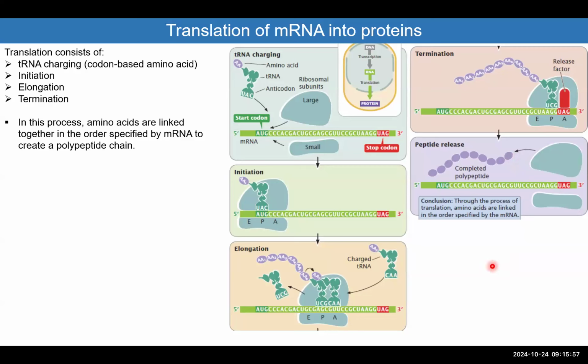Therefore, through the process of translation, the amino acids are linked together in a specified manner based on the RNA sequence, and that will generate a new class of molecule, which is the protein. Now we are talking about messenger RNA, which is a nucleic acid that is translated to a protein.